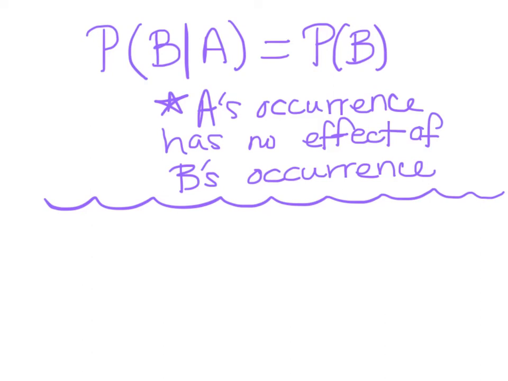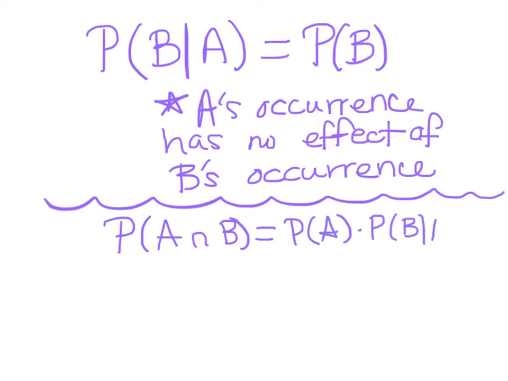The general multiplication rule says that the probability of A intersects B equals the probability of A times the probability of B given A. That's general. But I get a very specific rule for independent events.